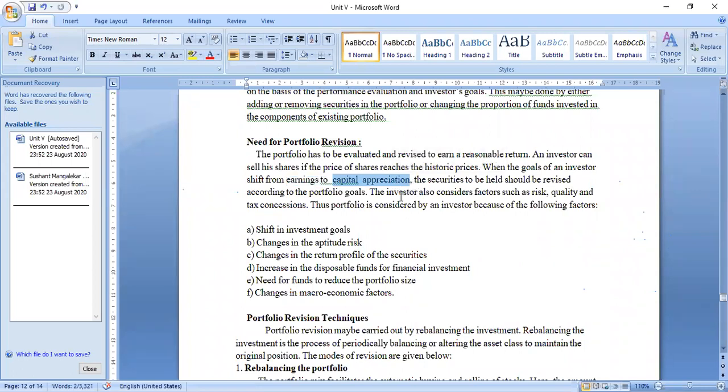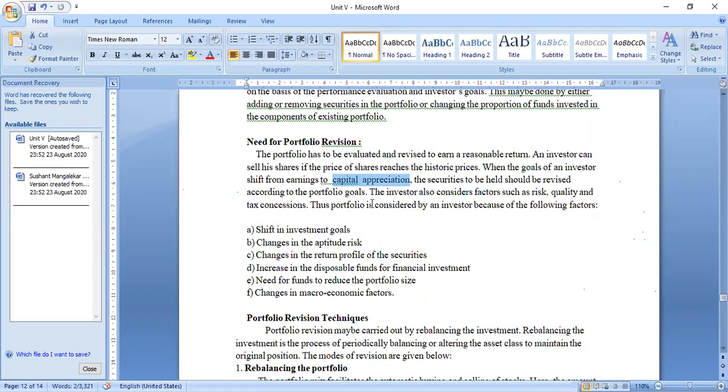Basically the revision of the portfolio is not similar, but rather it is unique for every individual, because every individual has different goals which are set over a period of time, and accordingly the revision has to take place.